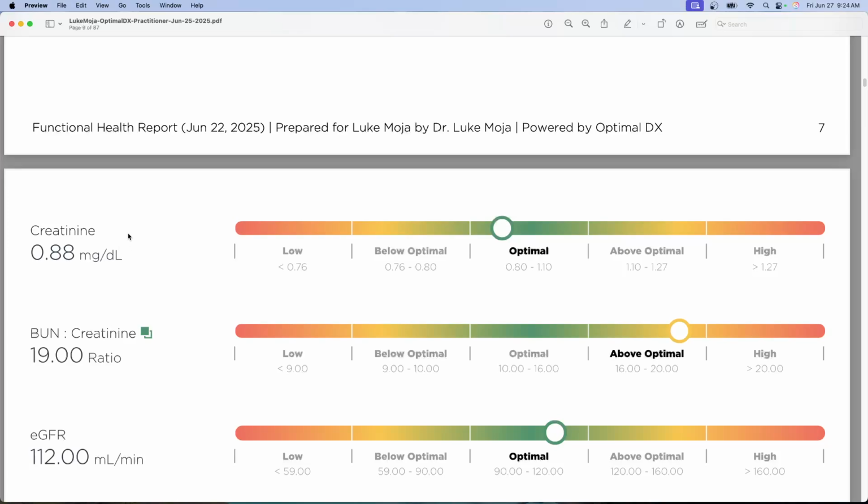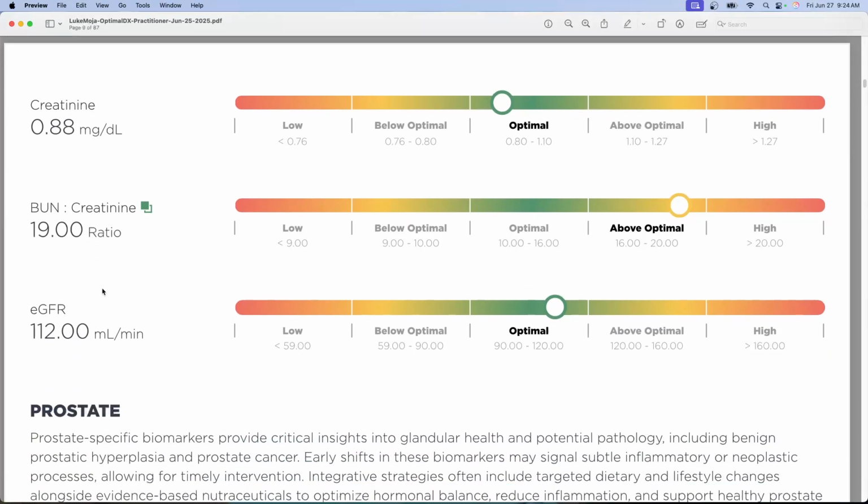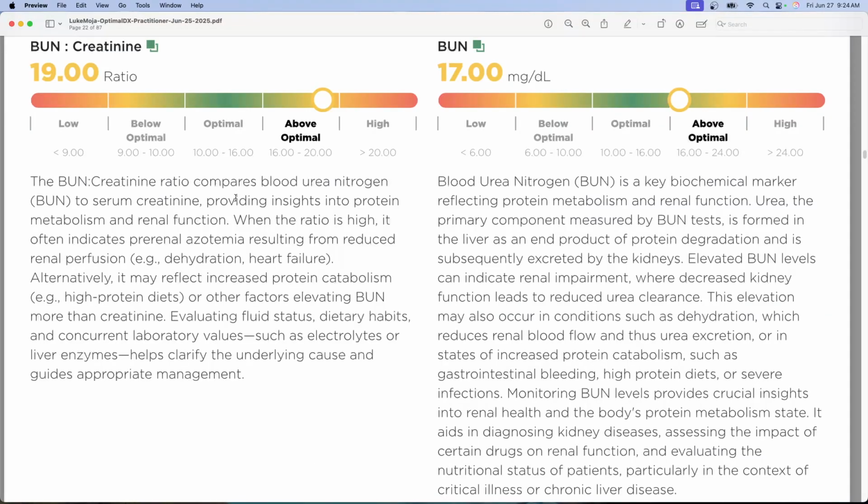Creatine supplementation can also cause this to go high. So if you're taking creatine, that can make this number look high. You can see I'm right there in the optimal range, so not too worried about that. Here's the BUN creatinine ratio. This is another ratio they typically run to assess things like kidney function. We can see what it says about this.